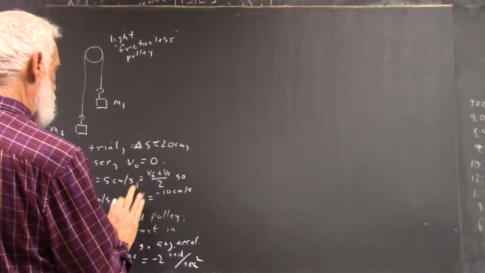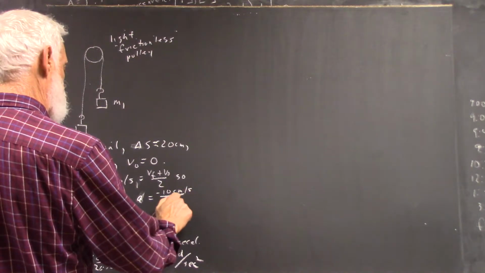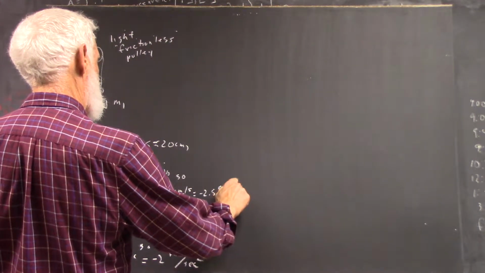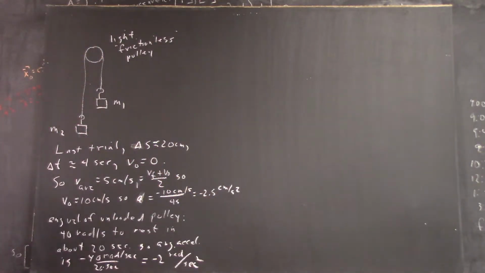Not alpha, this is A. Well, you conclude all this, and if you don't know how to conclude this, go back and review what we did Monday.